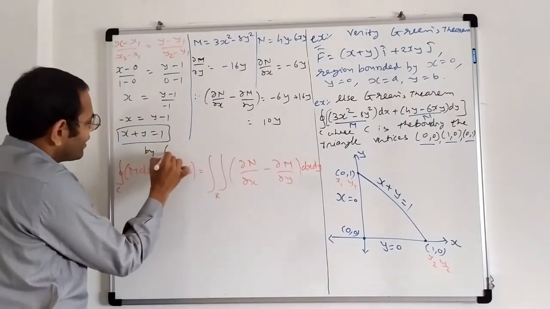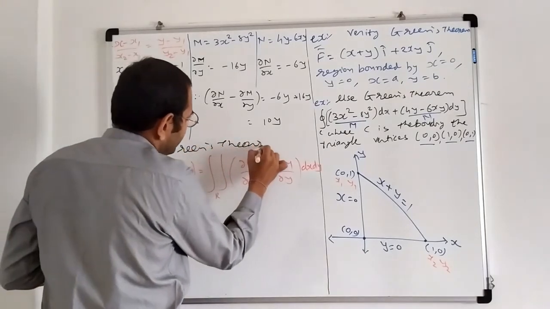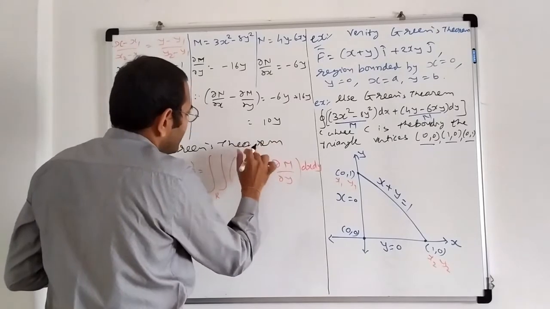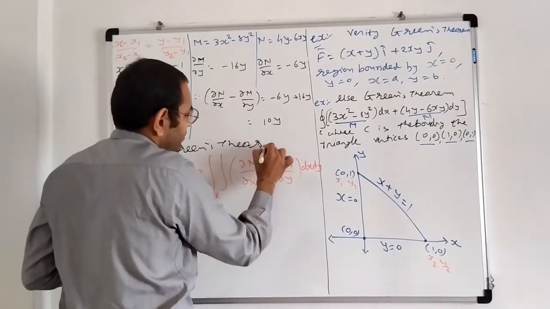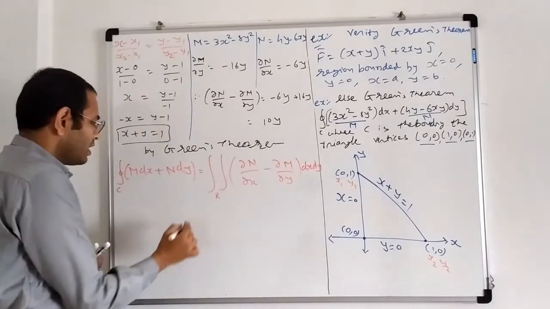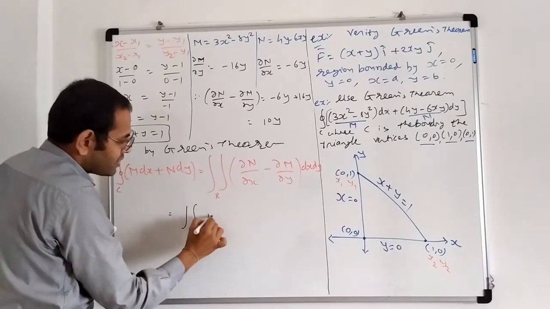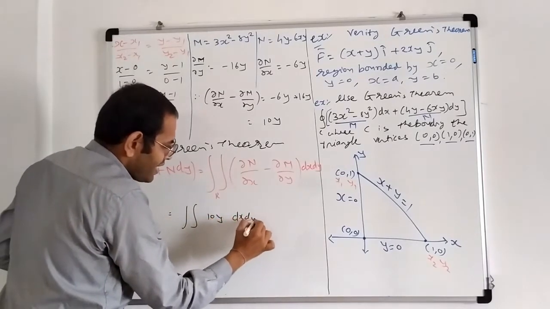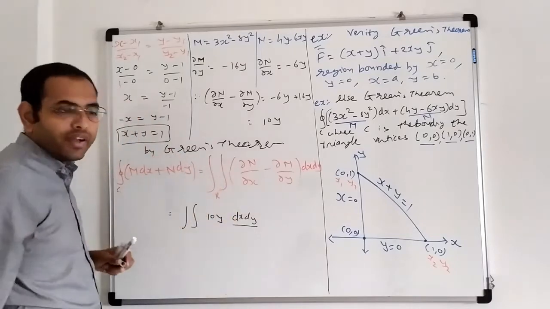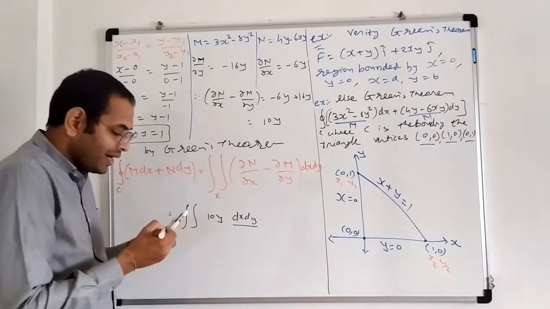Then by Green's theorem, substitute this value: double integral of 10y dx dy as well as dy dx. Then we find the limits of this double integral.